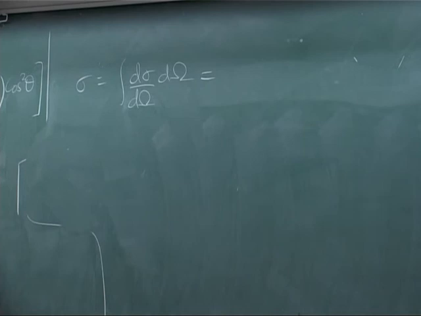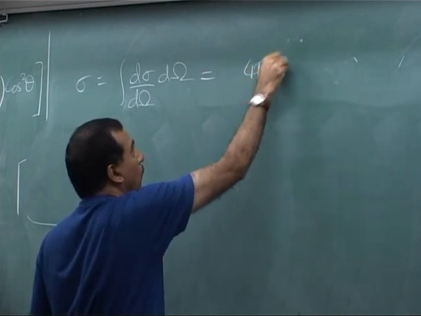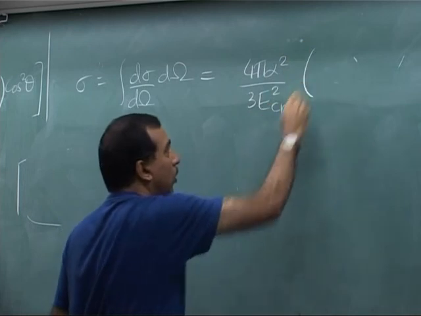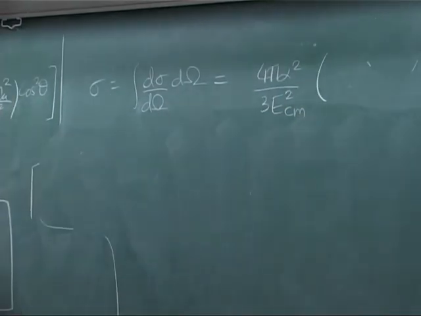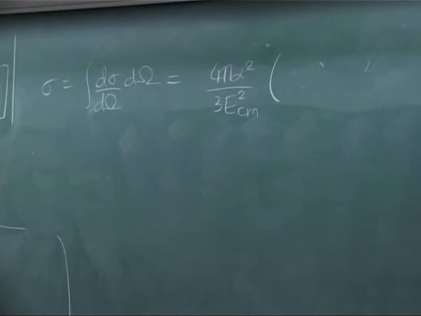So at the end you get 4 pi alpha squared upon 3 ECM squared into, plus 2 squared.